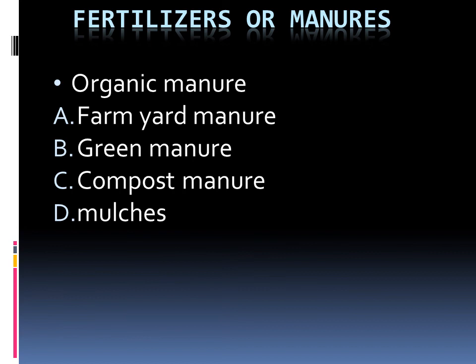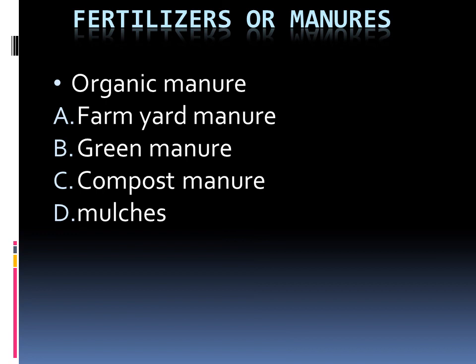Pupils, let us see the disadvantages of organic manure. 1. They are bulky. When we say bulky, heavy to transport. 2. Does not carry specific nutrients. 3.